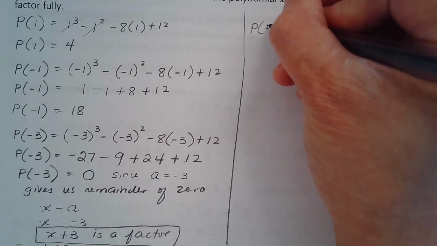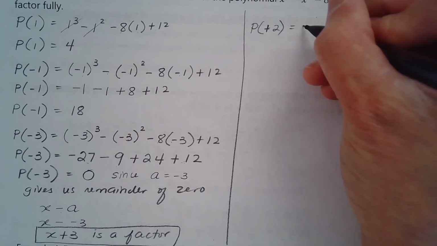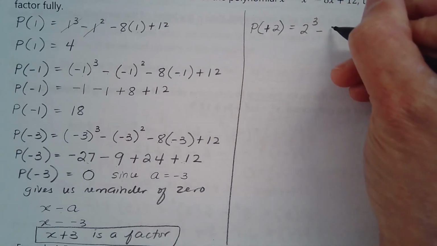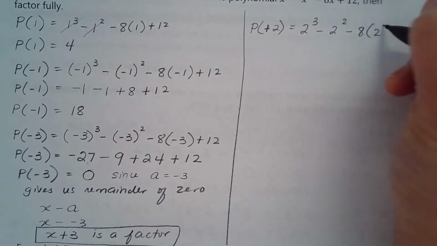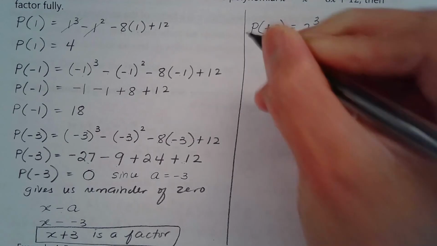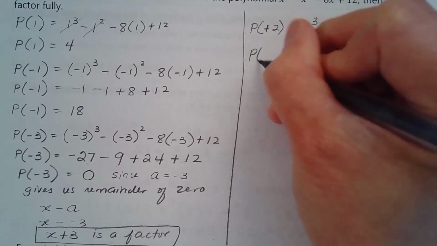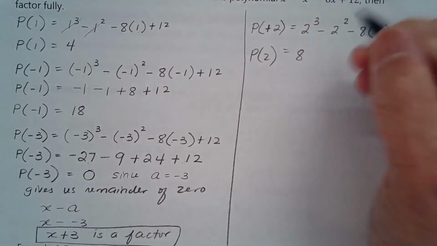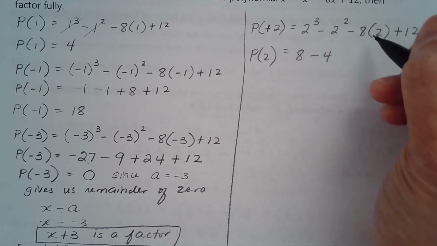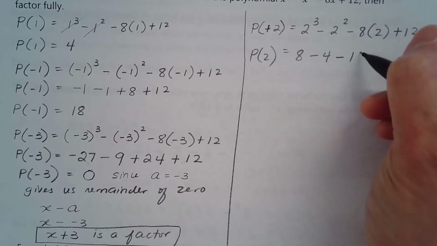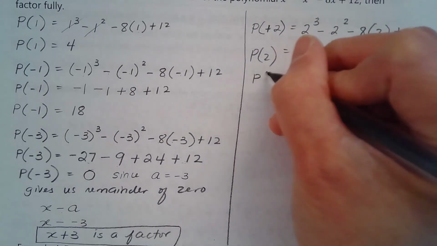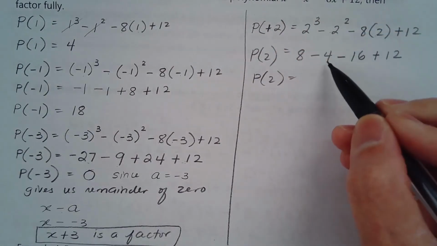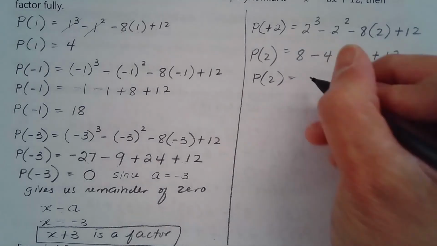That would be 2 cubed minus 2 squared minus 8 times 2 plus 12. So P of 2 is equal to 8 minus 4 minus 16 plus 12. That's going to give you negative 20, plus 20, 0.